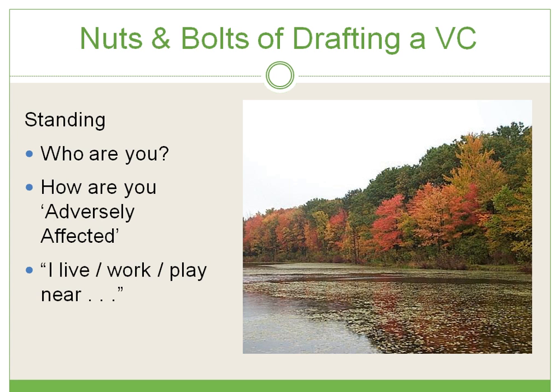I always like to discuss how the aggrieved person either lives, works, or recreates, or a combination of those three in the area where the violation is alleged to have occurred. In our little allegory, you both live near the stream where the pollution is occurring, and you have, and presumably will continue, to recreate in the stream.